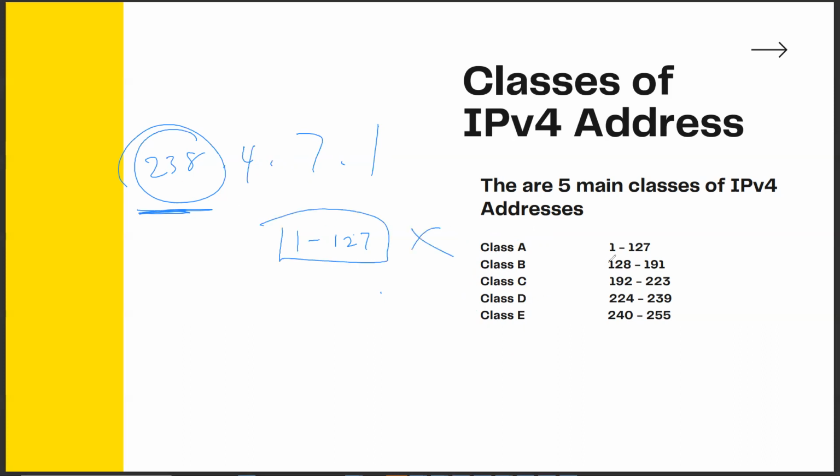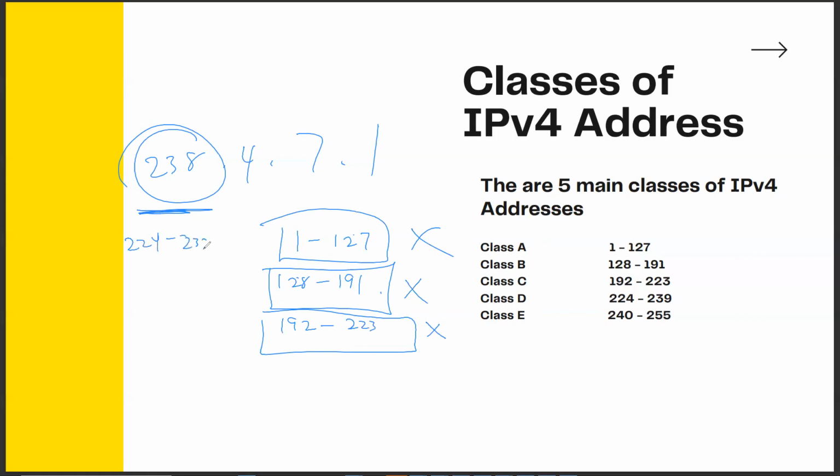If the number falls between 128 and 191, we say that particular IP address is a class B. Looking at the first number, it is not falling within that range, so it cannot be a class B. The next block is 192 to 223. This is 238, so it's not falling within that range, so it is not a class C.